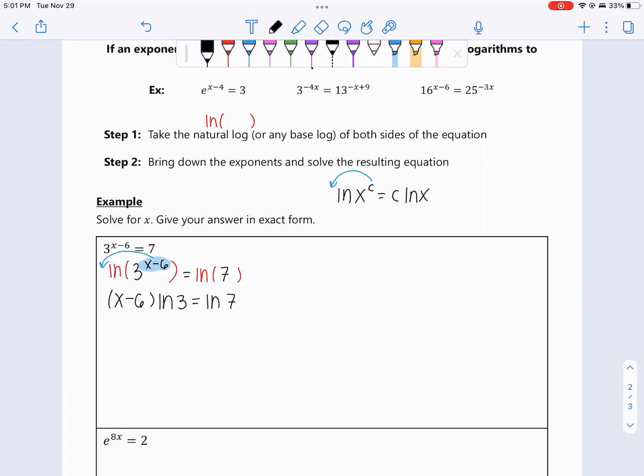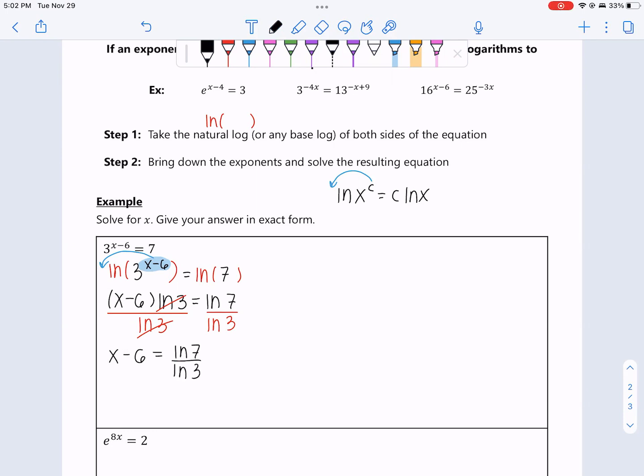My goal is to get x by itself, this guy right here. 2 different ways to do it. The way I'm going to do it for this particular problem is starting by dividing both sides by ln 3. I now have x minus 6 equal to ln 7 divided by ln 3.